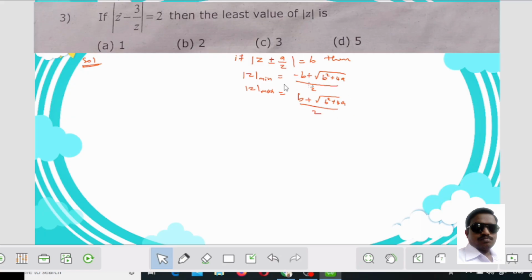So you may consider this as a formula for solving this kind of problem.